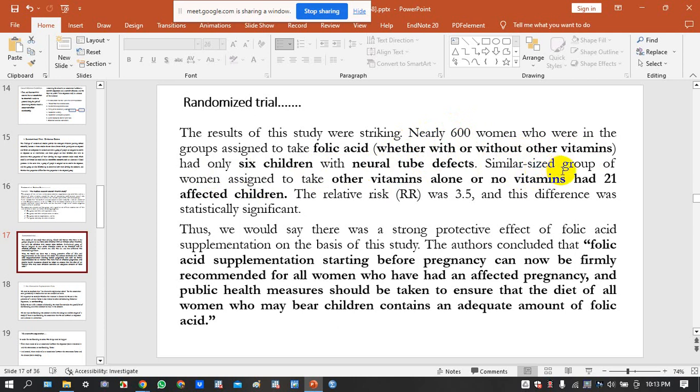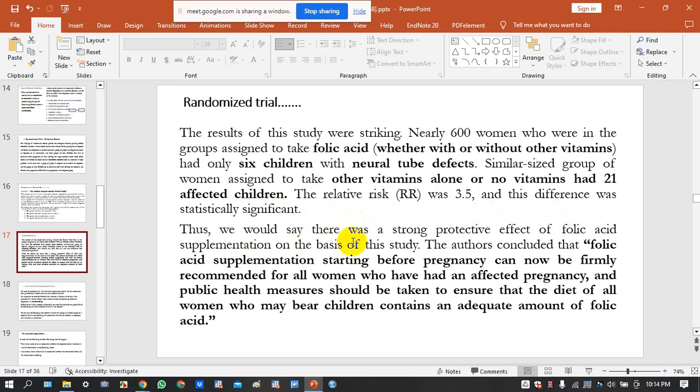Similarly, women who were assigned to take other vitamins alone or no vitamins had 21 affected children. So the number of affected children increased from 6 to 21 when the vitamins were without folic acid. The focus was on the folic acid supplementation; the other vitamins did not really matter. So the relative risk was 3.5, which was a nearly 4-fold increase in risk of getting neural tube defect. And this difference was statistically significant.